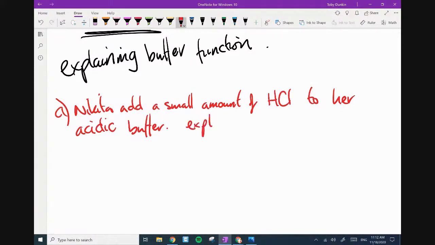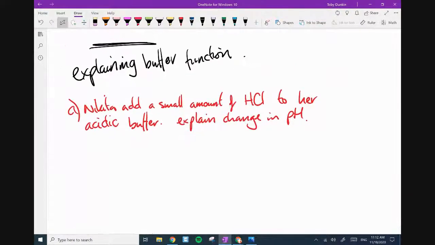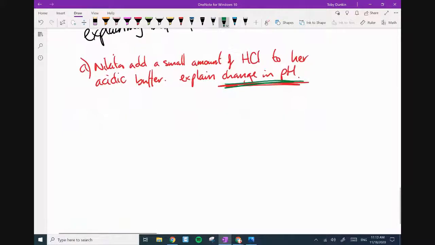Explain the change in pH. We need to be able to say what the change in pH is going to be. That's a separate question, and it's 1 mark for saying what's going to happen. So with Ben's question, that will take up the H plus, preventing the pH from decreasing too much, or am I confused? No, that's correct, Ria. It's exactly what's going to happen. So she's got it. Let's focus on the ethanoic acid.